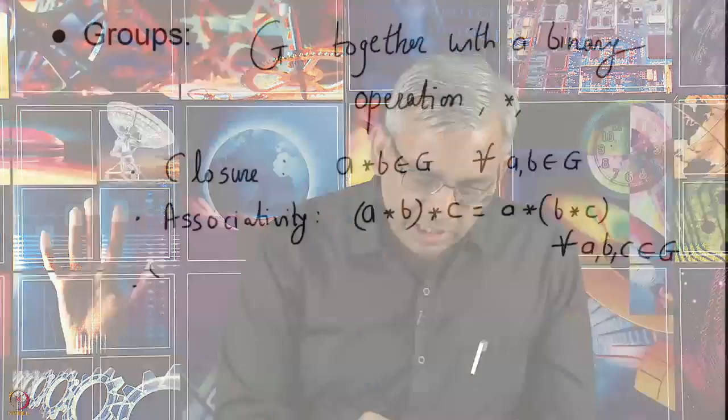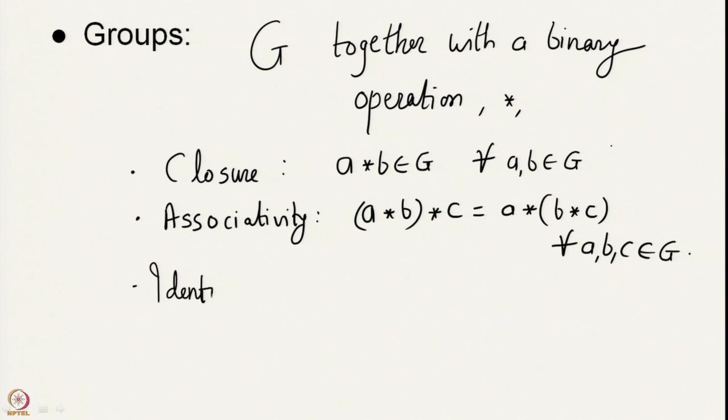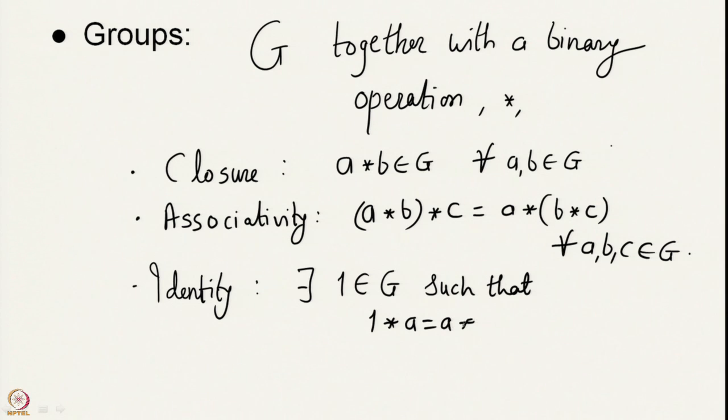Another important condition is what is called the existence of the identity element. This says that there is some element, which we often denote by 1, in your set G, such that 1 star A is A star 1 is A for every element in G. This says that there is one very distinguished element in your set G which acts like the identity in multiplication, which acts like the 1 when we take a product, or like 0 when you take sums.